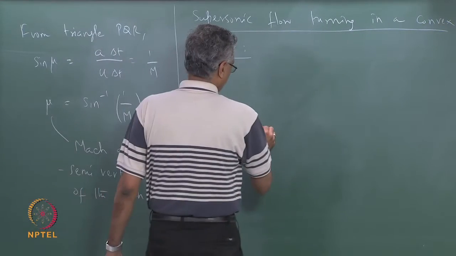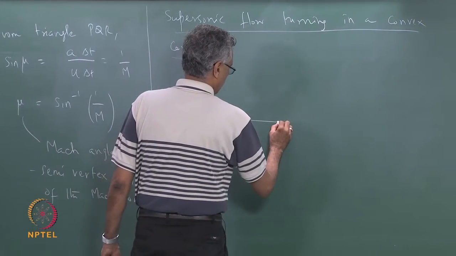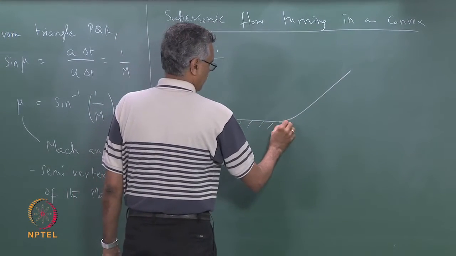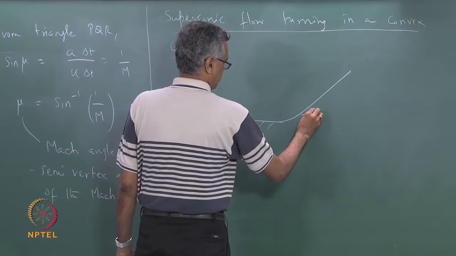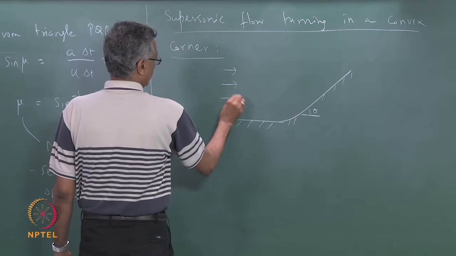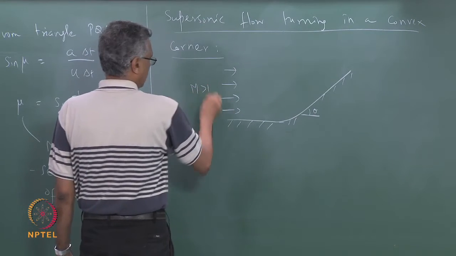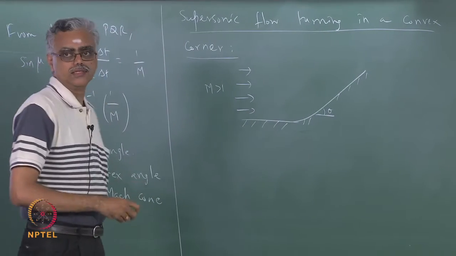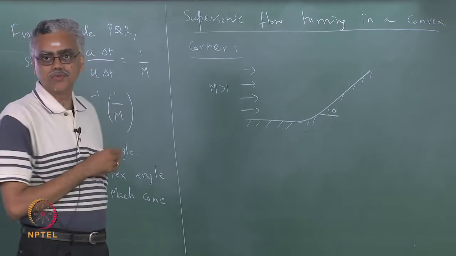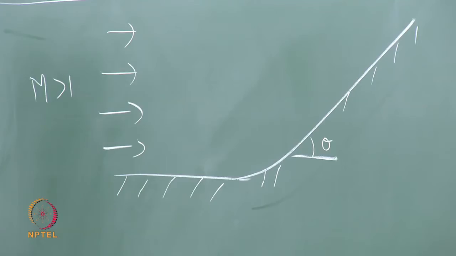So let us say that we have a flow situation like this. We have supersonic flow approaching a smooth corner like this. Okay, this is a smooth convex corner. Earlier we saw a sharp corner, now we are looking at a smooth corner.